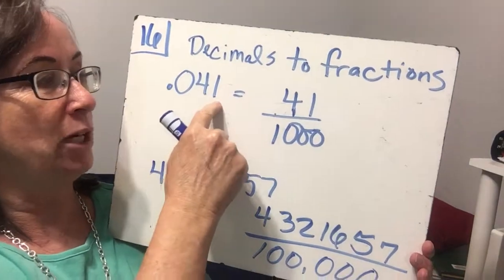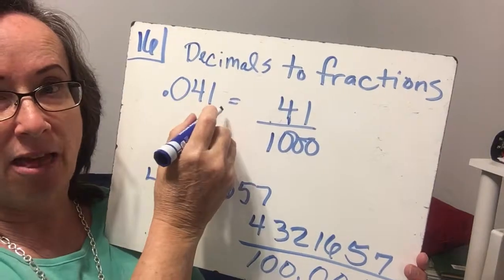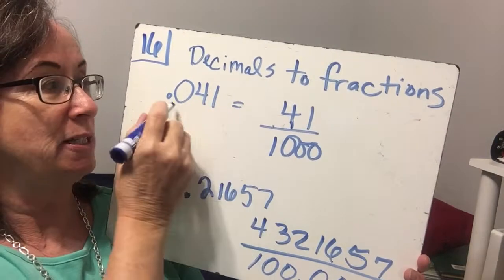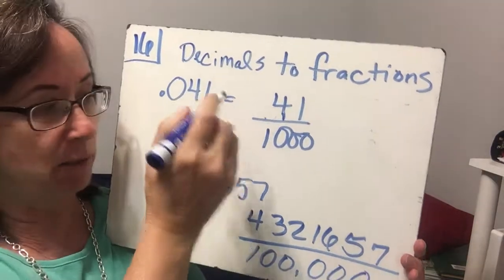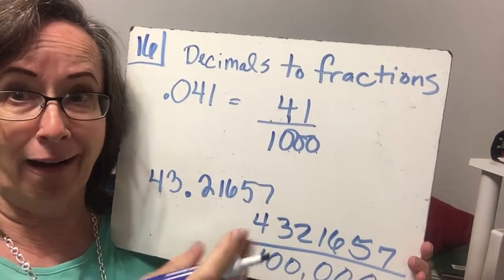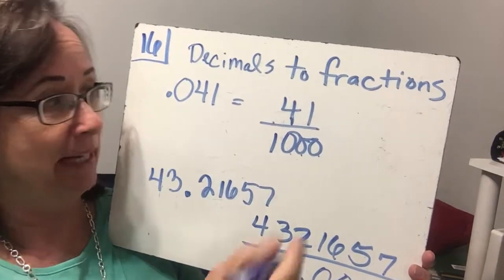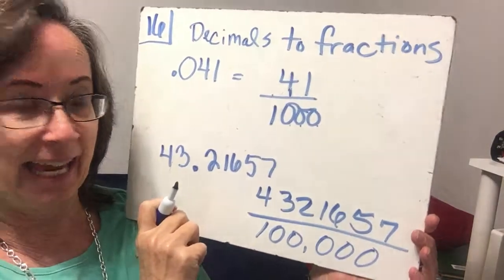So we have 41 on the top, but on the bottom we have tenths, hundredths, thousandths. Notice we had 3 places on the right of the decimal, and we have 3 zeros in our answer down there. How easy can it get, right? So 41 over 1,000 is the answer.